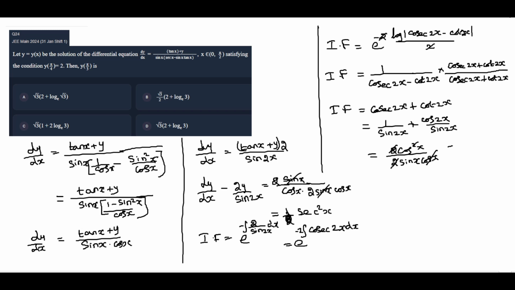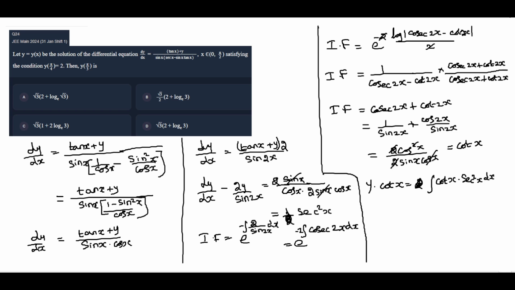So finally the reduced form of IF is cot x. Okay. So now the solution will be y into cot x equals 2 times integral cot x into secant square x dx.